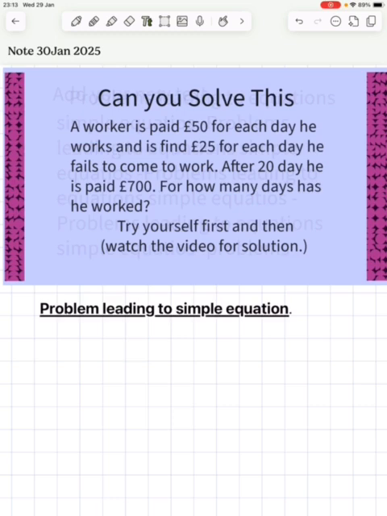The problem is: a worker is paid £50 for each day he works, and is fined £25 for each day he fails to come to work. After 20 days, he is paid £700. We have to answer, for how many days has he worked?